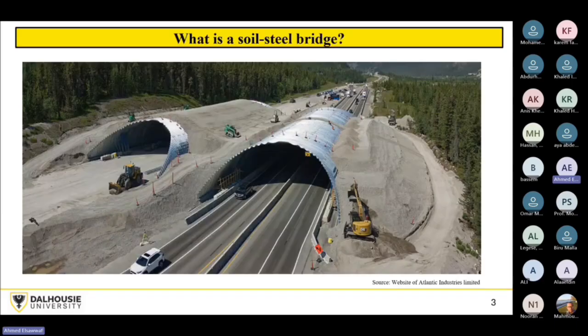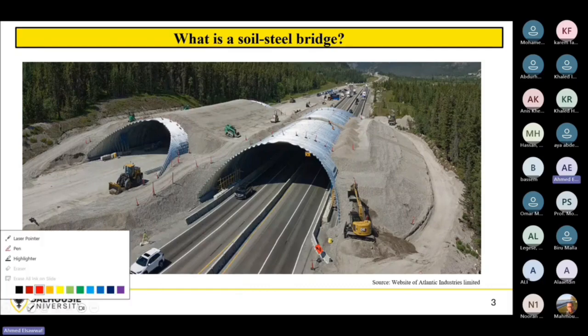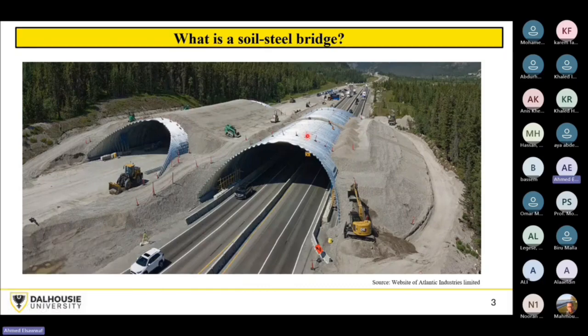Okay, so if you are still wondering what a soil steel bridge is, here it is. That's a picture of one of these structures here in Canada during the construction process. As you see, you have a corrugated steel profile that can take many shapes, but here I'm talking about a round shape.